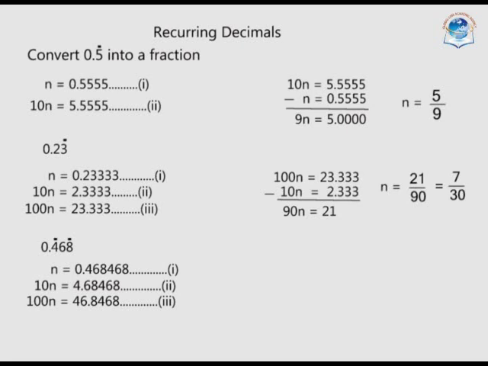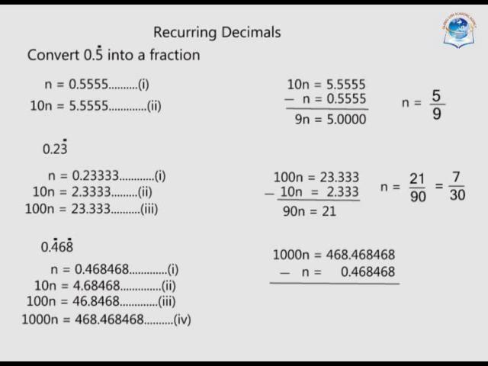Still, the decimal parts cannot subtract. We proceed. 1000n is equal to 468.468468. So equation 4 can subtract equation 1. If we do that, 999n is equal to 468 and n is equal to 52 over 111.